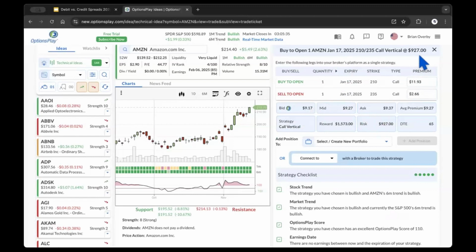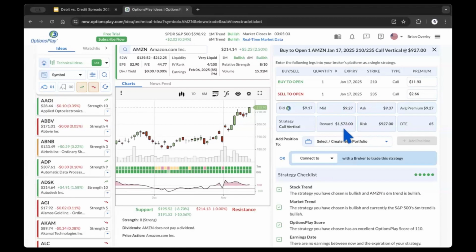And the difference between the strikes, which in this instance would be 235, this strike, minus 210, or 25 points, minus the net debit paid, which is $9.27, the midpoint here, equals $15.73.